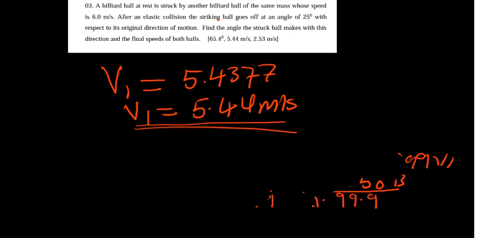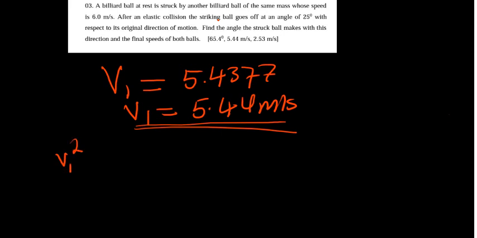At this point we can use our equations and solve for v2 as well. Remember, our third equation was v1 squared equal to v1 final squared plus v2 squared.